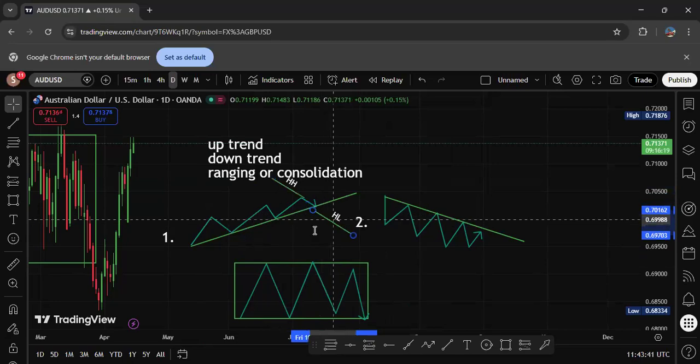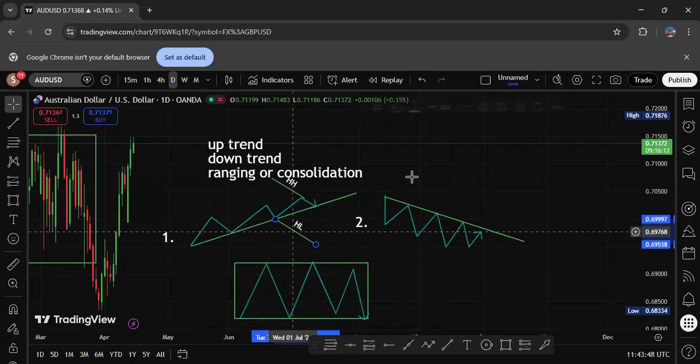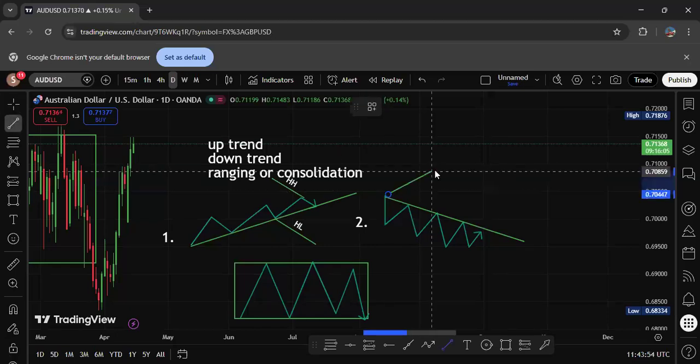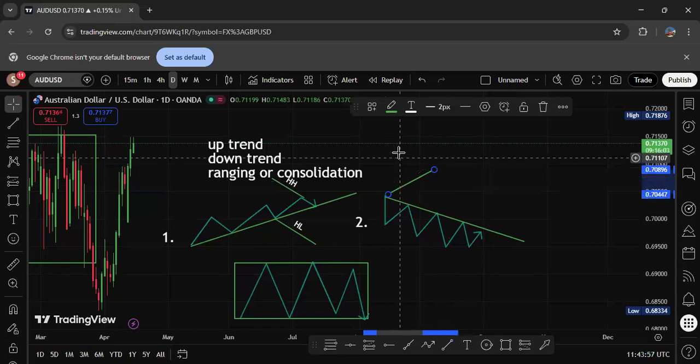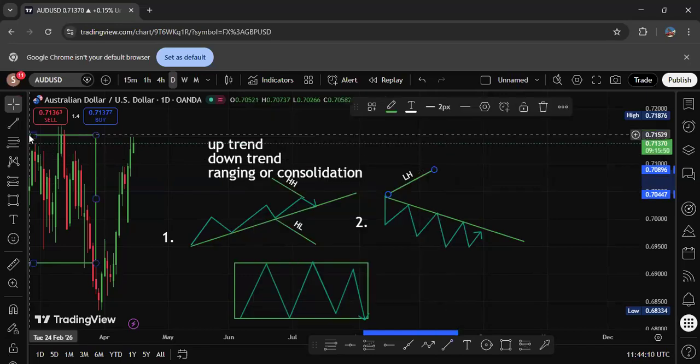But in a downtrend, we have a lower high, lower low. So we have a lower high, like LH, lower high. So you have LH, then we have a lower low.